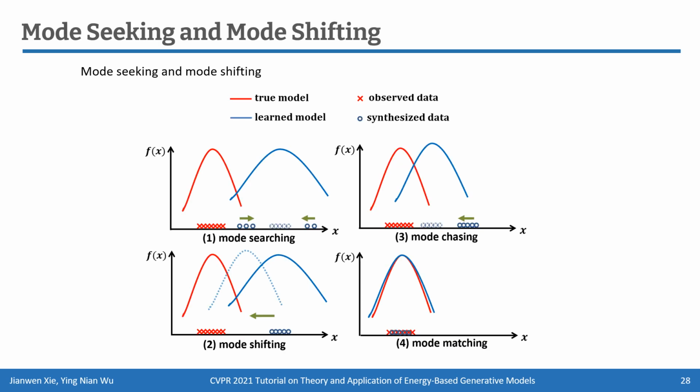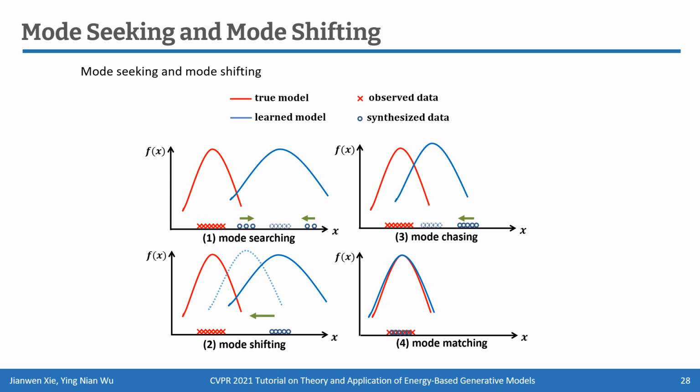The analysis by synthesis learning algorithm is a mode-seeking and mode-shifting process. Here is an illustration. The red curves and blue curves represent the negative energy landscapes of the true model and the learned model, respectively.